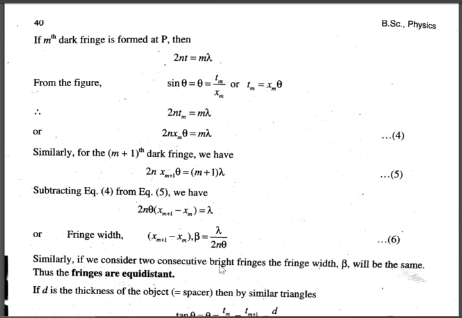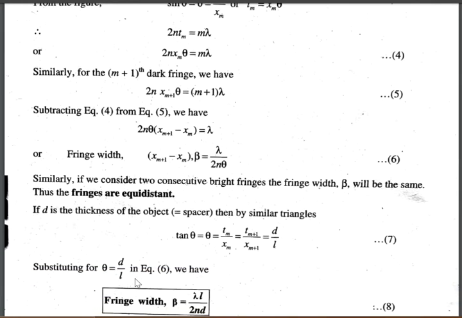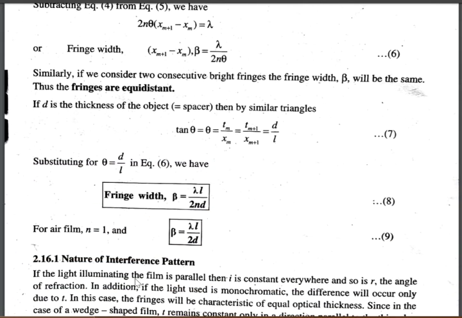Similarly, if we consider two consecutive bright fringes, the fringe width beta will be the same. Thus, the fringes are equidistant. Whether it is bright or dark fringe, fringe width is constant.